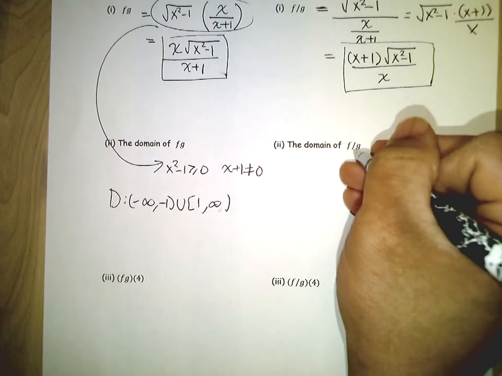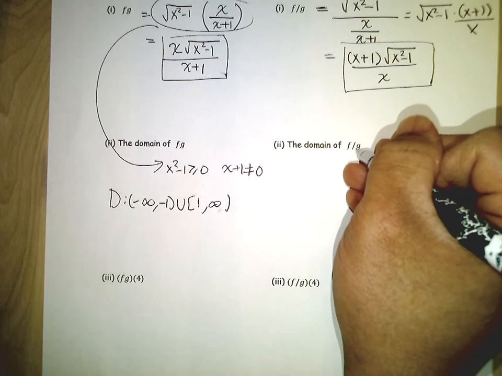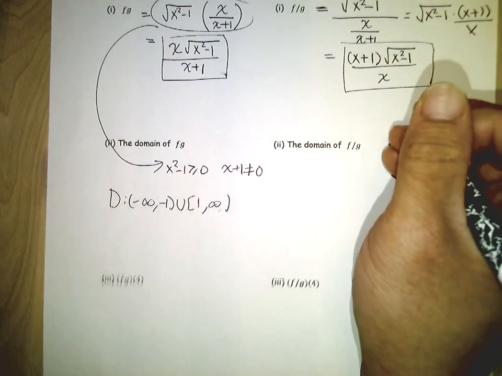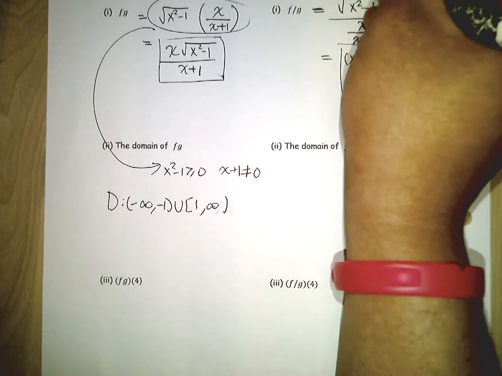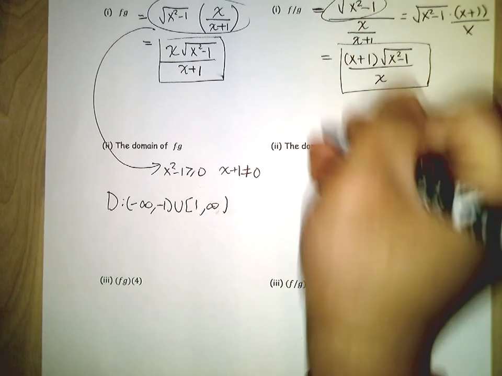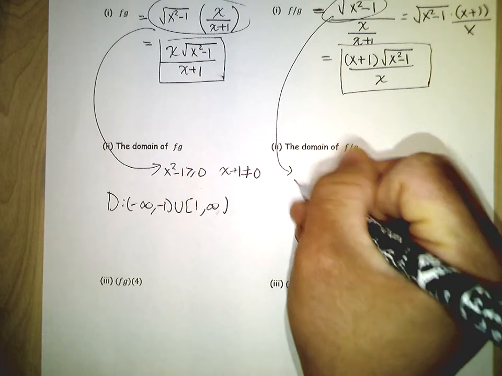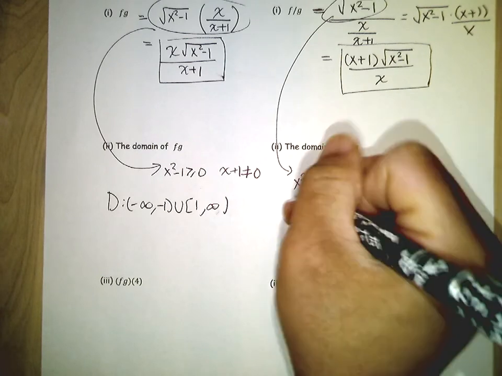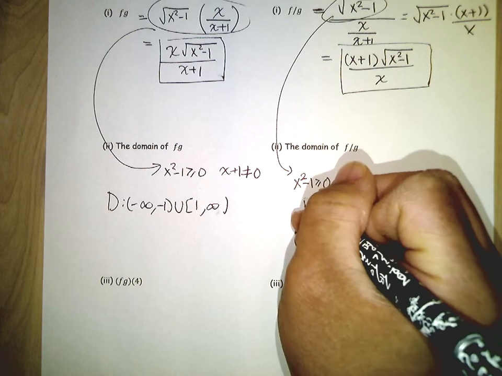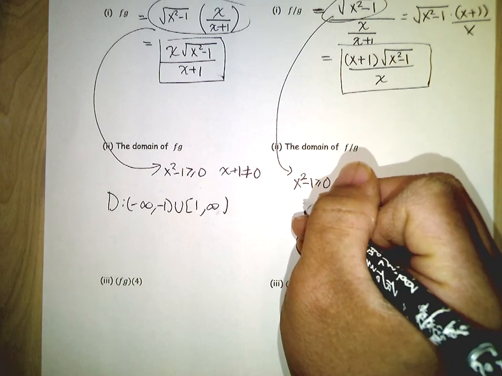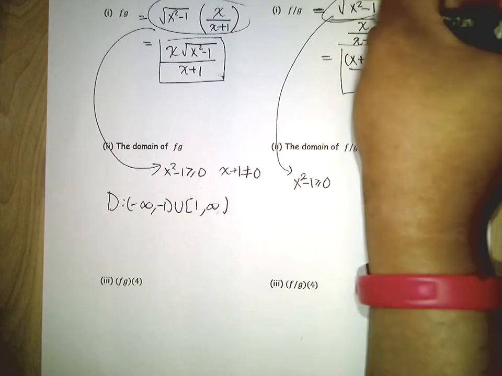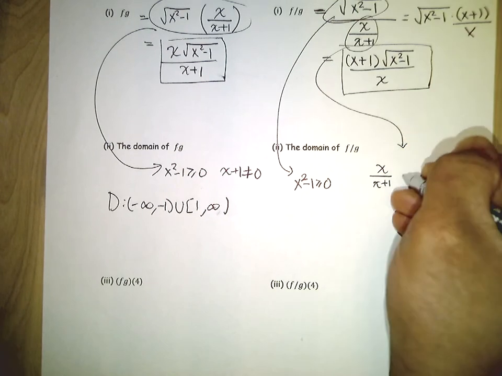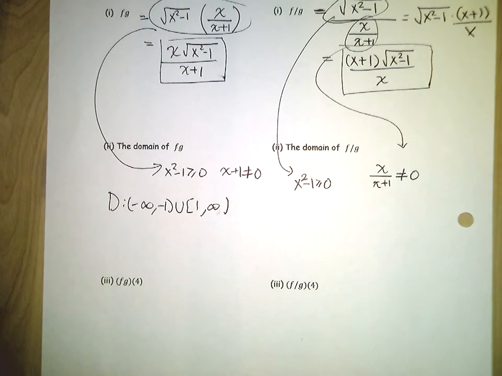Now, here, f divided by g, we have a couple of things to watch out for. The numerator, this part, still cannot have what's under the square root be negative. So x squared minus 1 still has to be greater than or equal to 0. And then the denominator, x over x plus 1, has to not equal 0.